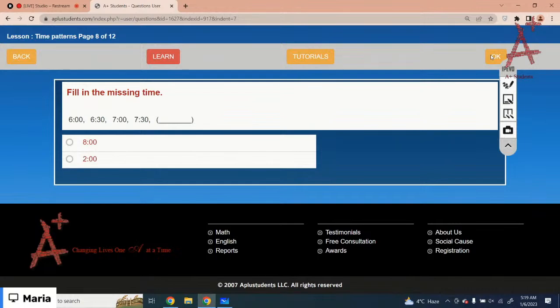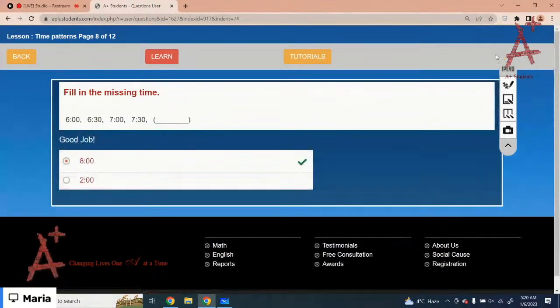So the next one is 8. Got it? So just select the correct option and click on the OK button.